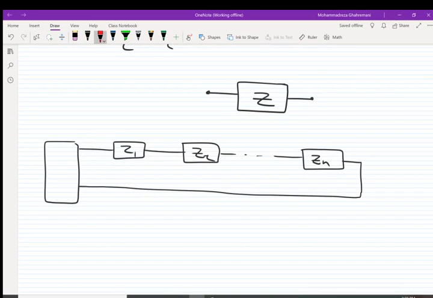The title of this part is series equivalent and voltage division.